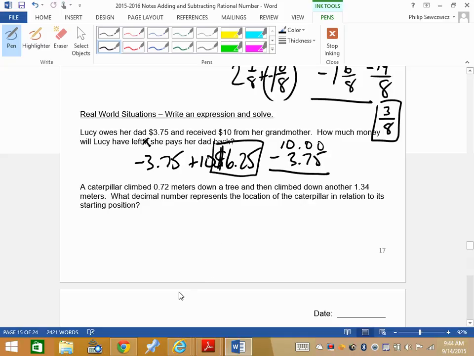We're almost there, people. There's only just one more left. The caterpillar climbs 70 meters down a tree and then climbs down another. So if we're climbing down the tree, down on a number line, that is a negative. And then we're adding on another negative 1 and 3/400ths. So there's my expression, and now I need to solve. So I do need to add them together.